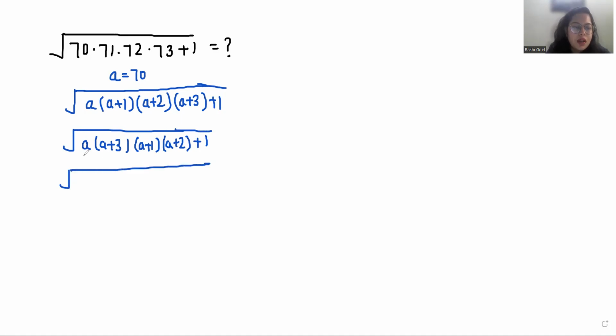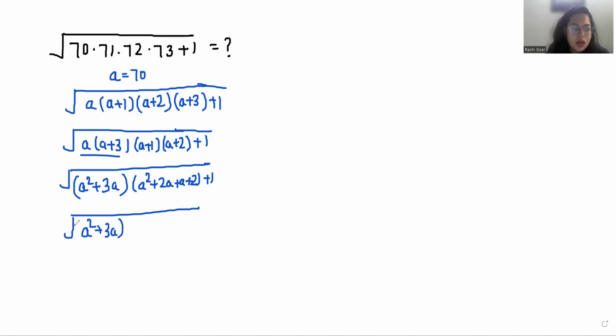Now, if you multiply, it becomes a square plus 3a, and a square plus 2a plus a plus 2, plus 1. So square root of (a square plus 3a) times (a square plus 3a plus 2) plus 1.